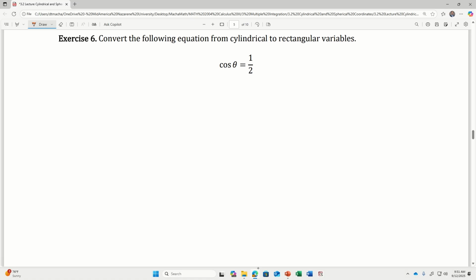Okay. Convert the following equation from cylindrical to rectangular variables. So this time, my equation has a cylindrical variable theta, and I want to rewrite this equation so that it only contains variables x, y, and z. And again, a smart way to start out might be to say, I'm just going to start writing down all of the conversion formulas that I know, and just see if something starts to click.